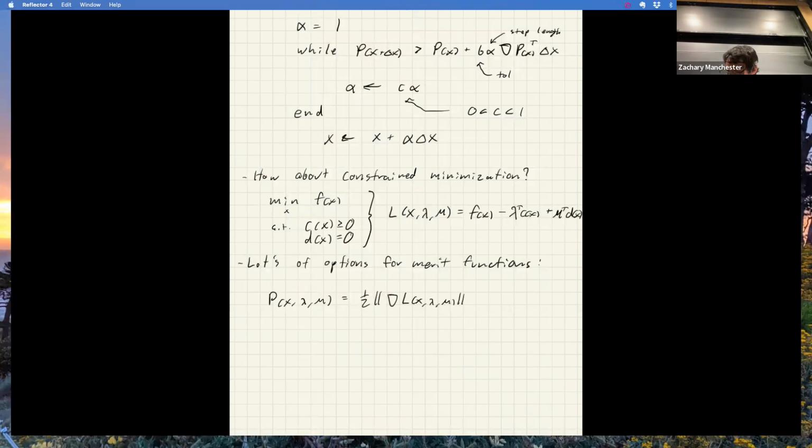To be super specific, what we need here is the following thing. This would be the gradient of the Lagrangian with respect to x, and then the inequality violations, and then the equality violations. So that's what that is.